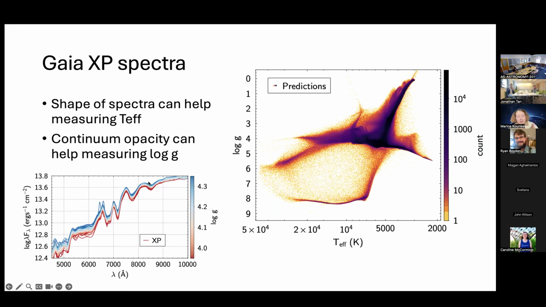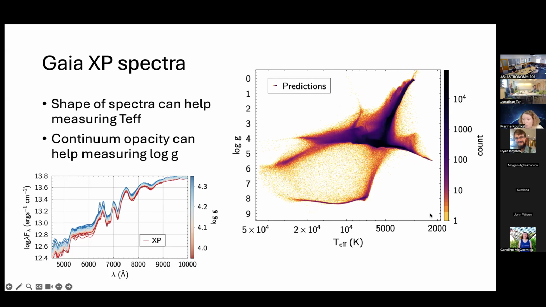We normally think of the effect of surface gravity as the broadening of the individual lines. But it turns out you also have continuous opacity variations at different surface gravity, and our model has been able to extremely precisely pay attention to what the continuous opacity is without even having access to parallax or any additional information other than just the spectra themselves.